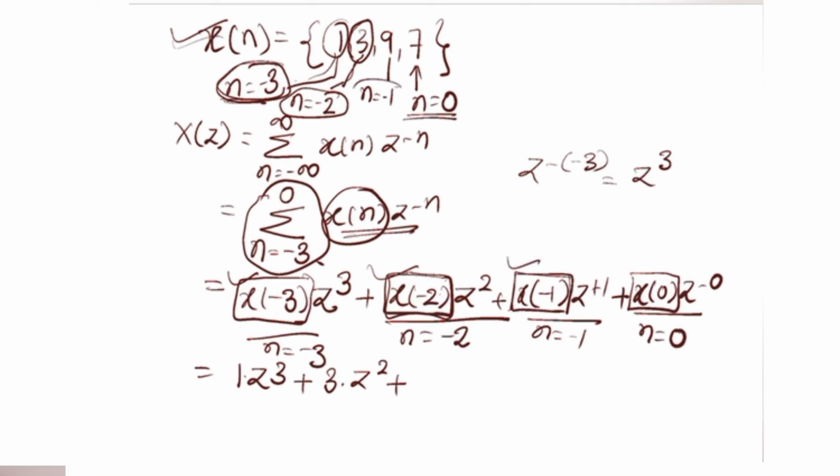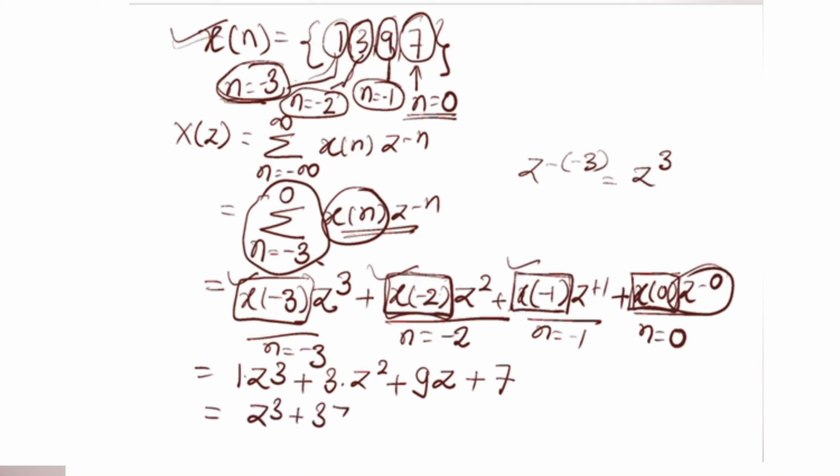For n equals minus 1, the value of x[n] is 9. So we will put a 9 here plus x0. The value is 7. Z to the power minus 0 will give you a 1. So the signal Z transform is z cube plus 3z square plus 9z plus 7.